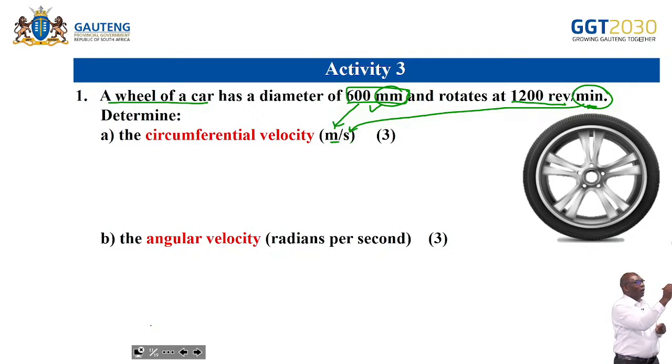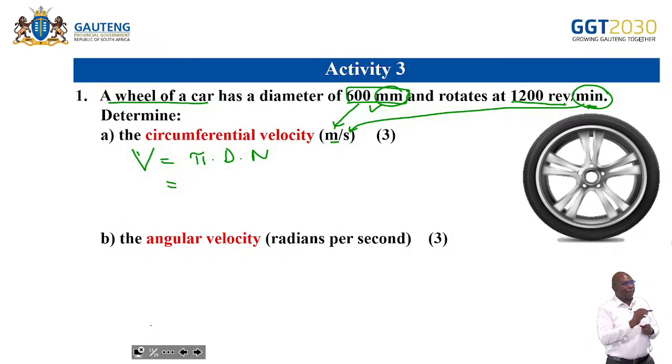Now, I'll have my circumferential velocity. Remember the formula is pi times d times n. We know pi, and now we need to substitute our diameter. The diameter is 600. What do you think we must do there?